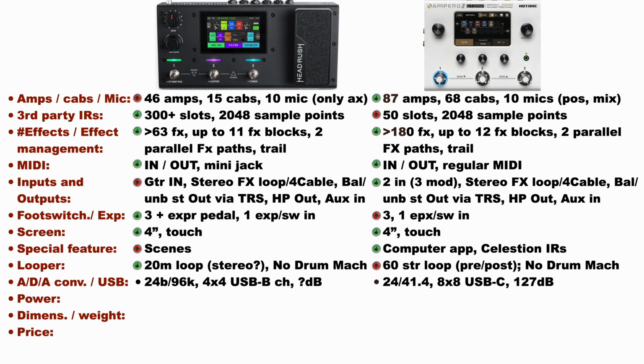As regards AD/DA conversion, the MX5 offers a 4x4 USB channels audio interface with up to 96 kHz at 24-bit converters, whereas the Ampero Stomp has 8 USB channels, a Type-C connection, and can reach only 44.1 kHz.